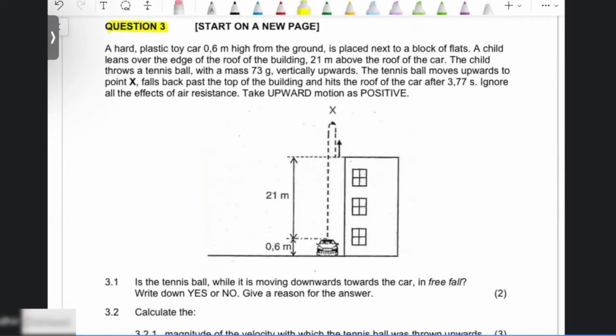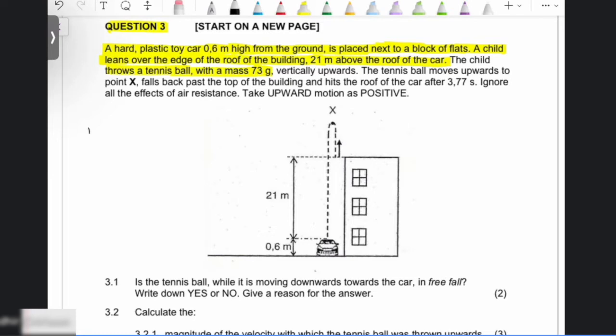Okay, question 3. It says that a hard plastic toy, 0.6 meters high from the ground, is placed next to a block of flats. A child leans over the edge of the roof of a building 21 meters above the roof of the car. It says the child throws a tennis ball with a mass of 73 grams vertically upwards.